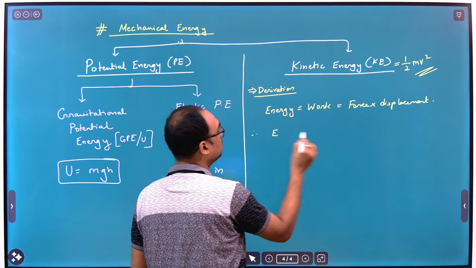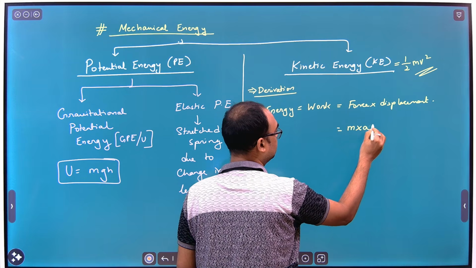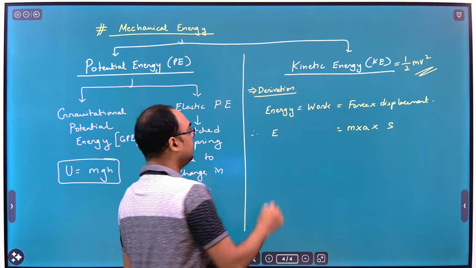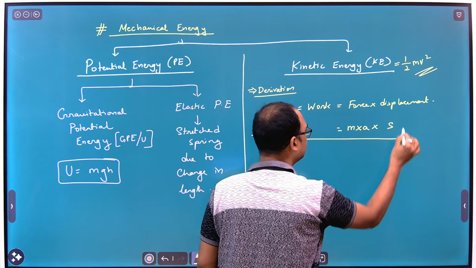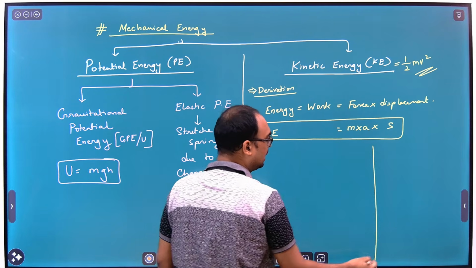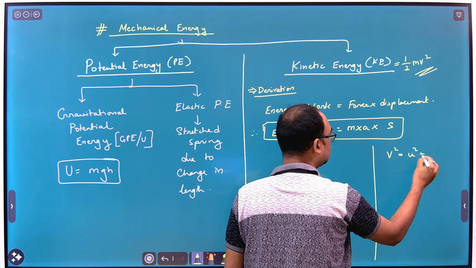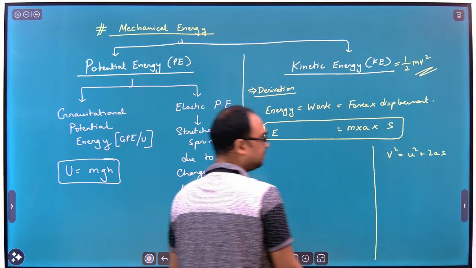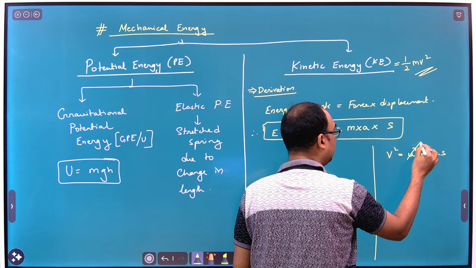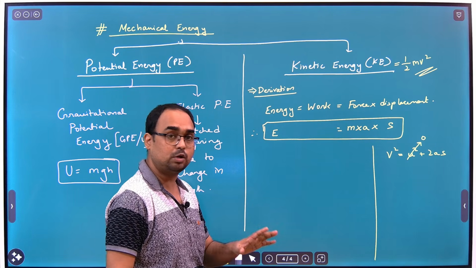Therefore, energy equals force, which is mass into acceleration, and displacement is s. Let's keep this over here. Let's move to Newton's equation: v square equals u square plus 2as. Let's assume that the initial velocity u was 0.